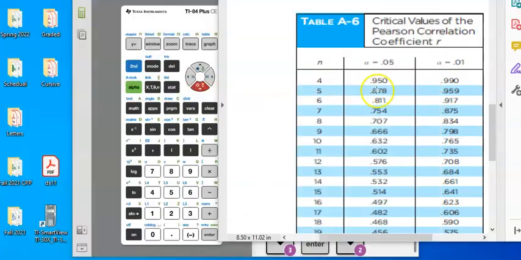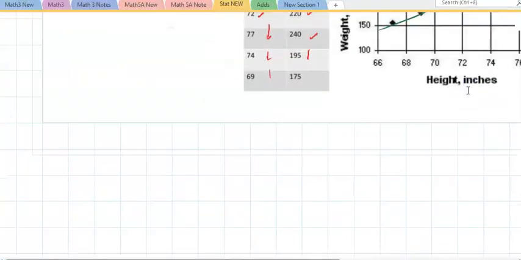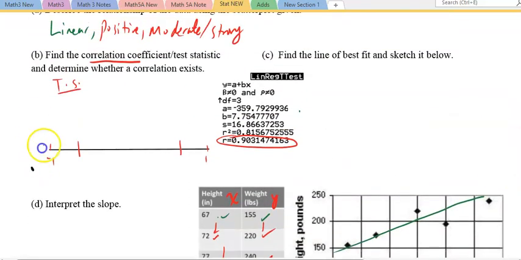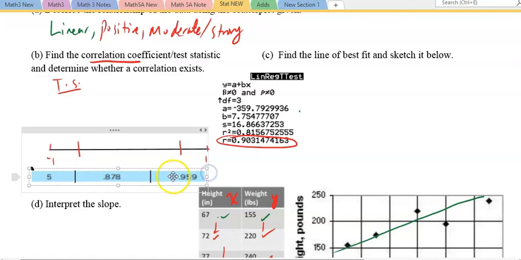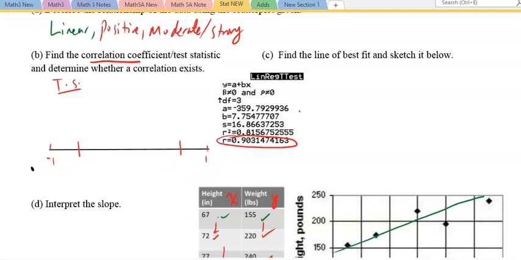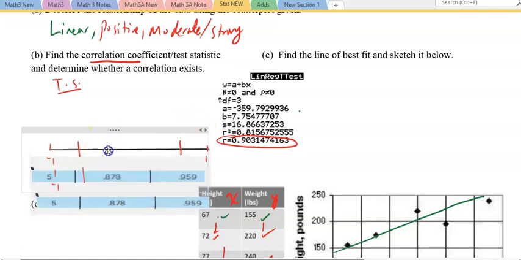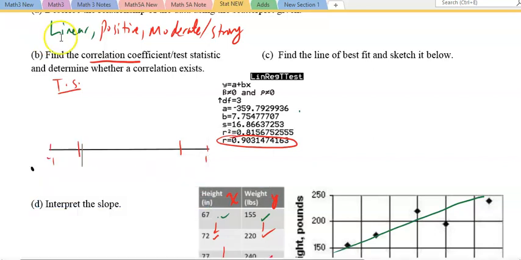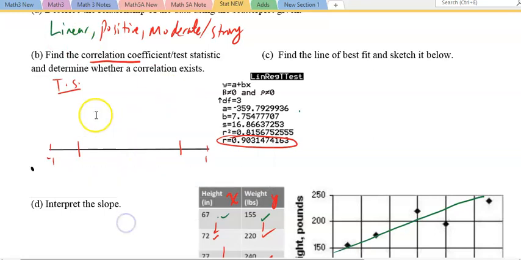So if I copy down n equal 5, okay, that is fine. I'm going to work with some of the technology.